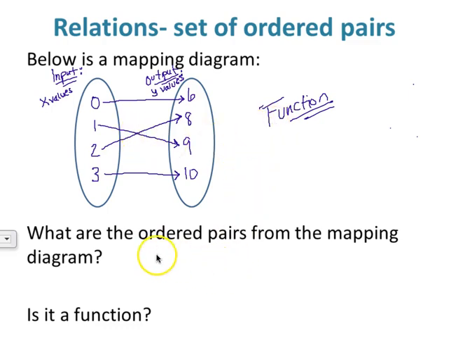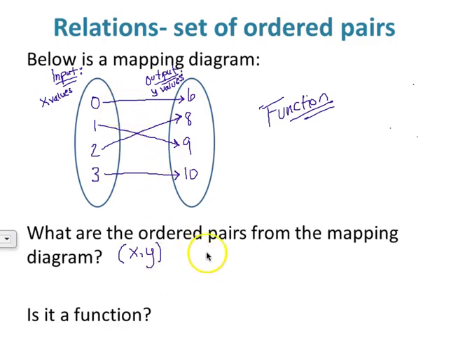So now from a mapping diagram, we can put each of these x and y values into ordered pairs. Remember, our inputs represent our x value, so when we write an ordered pair, we always do x, comma, y.